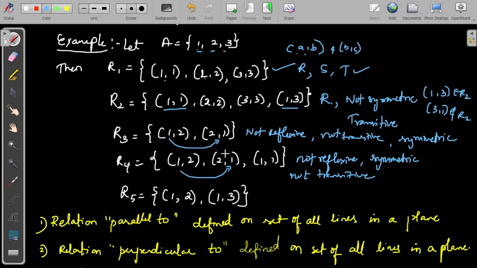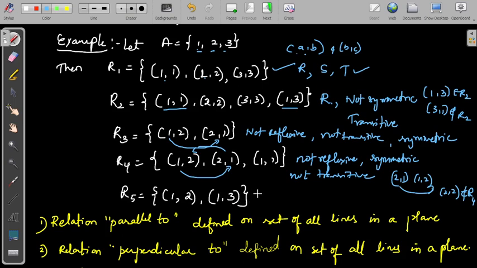You can go in reverse also, not a problem. Now 2 comma 1, 1 comma 2, then 2 comma 2 as per this. So you have ordered pair 2 comma 1, then you have ordered pair 1 comma 2, then it gives you 2 comma 2, but which is not there in R4, hence it becomes not transitive. If you just check for these ordered pairs, then it looks like transitive, but it is actually not transitive.